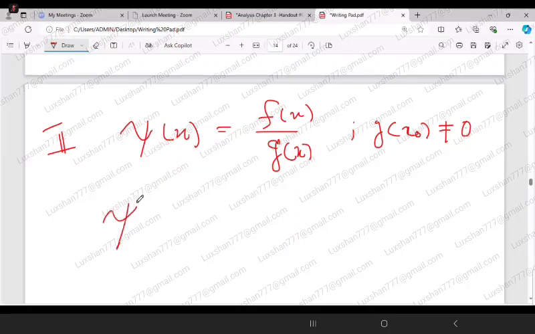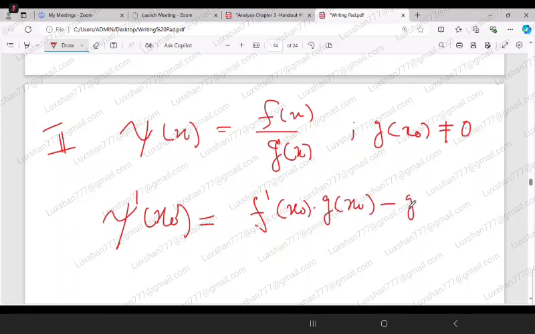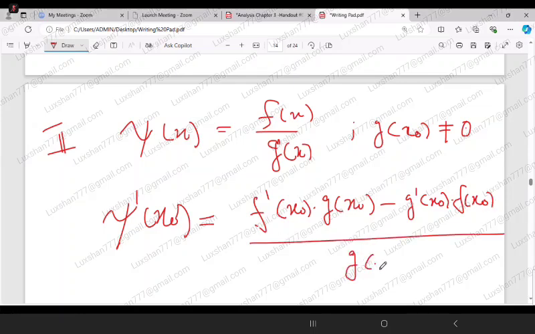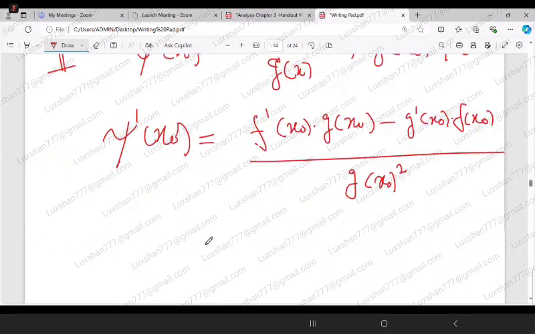We want to prove chi dash x naught is equal to f dash x naught into g of x naught minus g dash x naught into f of x naught over g x naught. So this is what we want to consider.